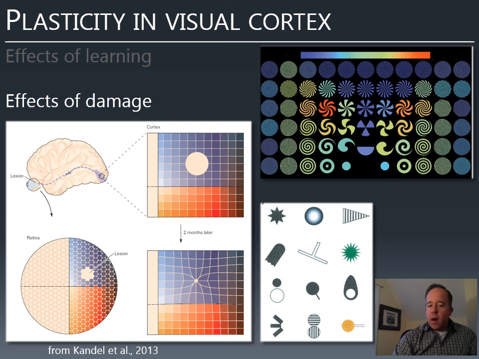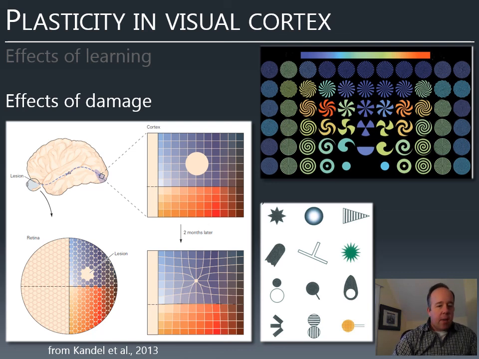However, the nearby areas in your brain will sort of move in and take over. And so you'll be able to process nearby areas in visual field, perhaps more accurately. So you don't get that part of your visual world back, but you do get processing of nearby areas in the part of the visual cortex that now has nothing to do anymore.